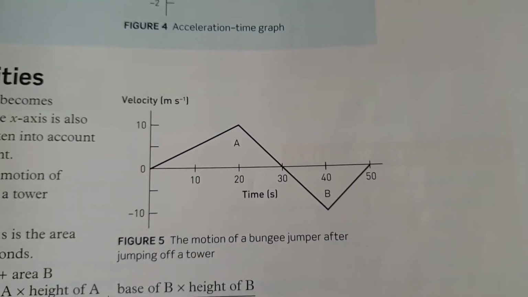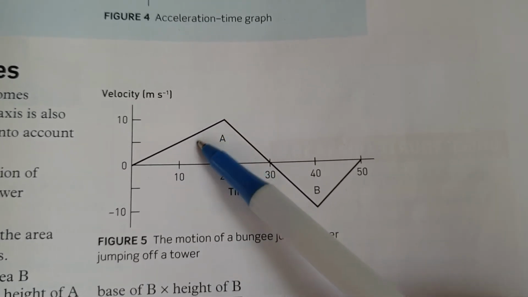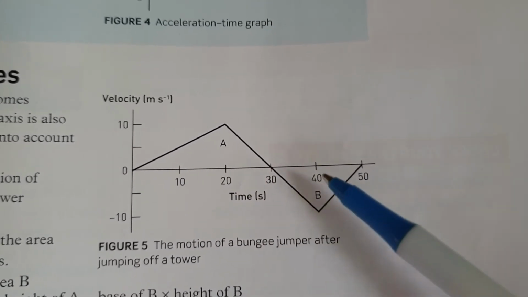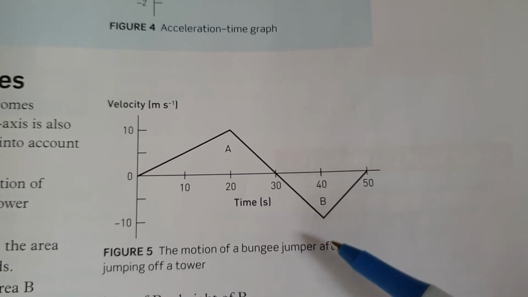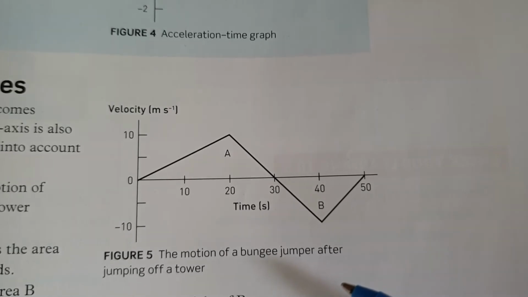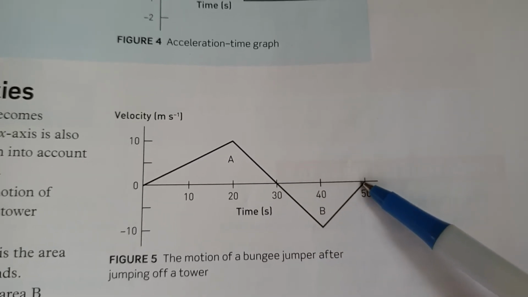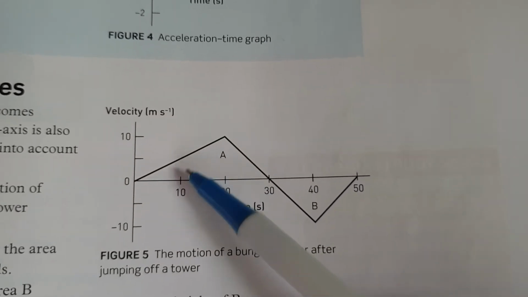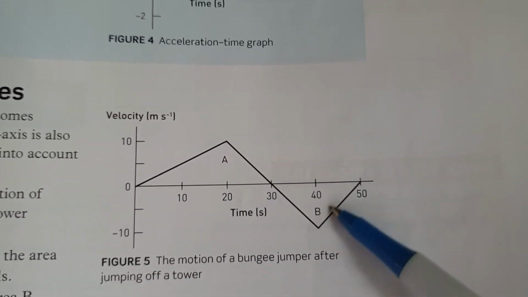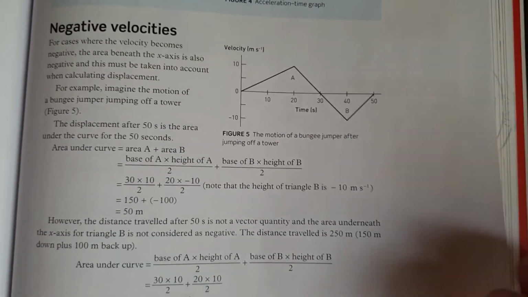So if you were working out the area under that graph, the displacement, in this case, the areas would come to the same, I think. Oh no, the acceleration doesn't have to be. You'd have a negative area here. So it goes through there, an example of cases where the velocity becomes negative.